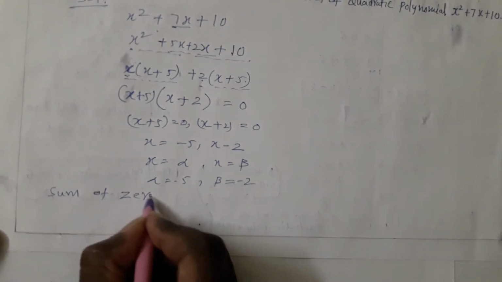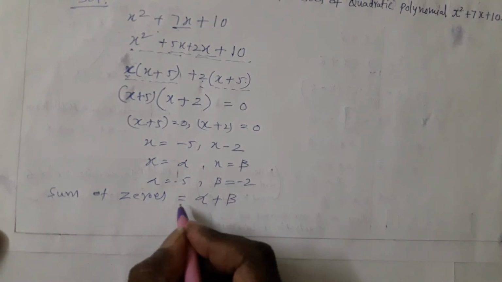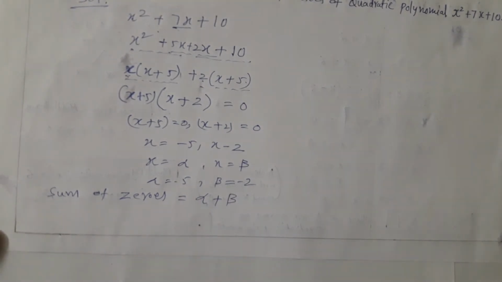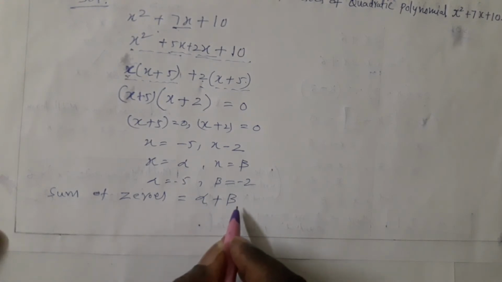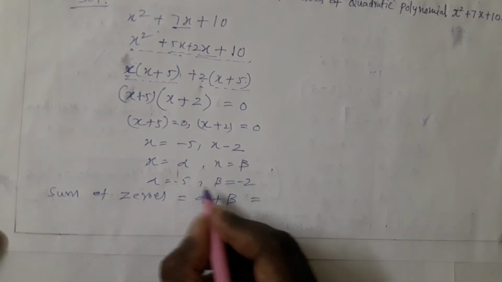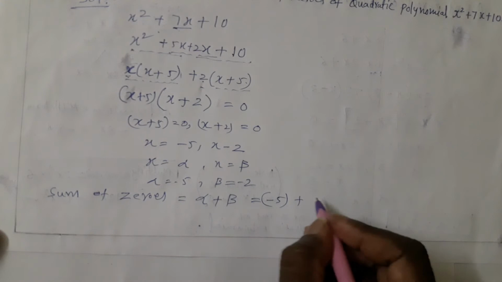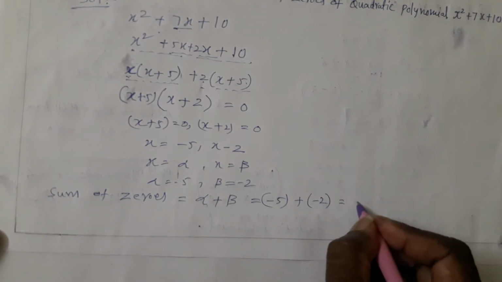Sum of zeros is equal to alpha plus beta. Zeros are alpha and beta, so we can do the sum here. Minus 5 plus minus 2 is equal to minus 7.